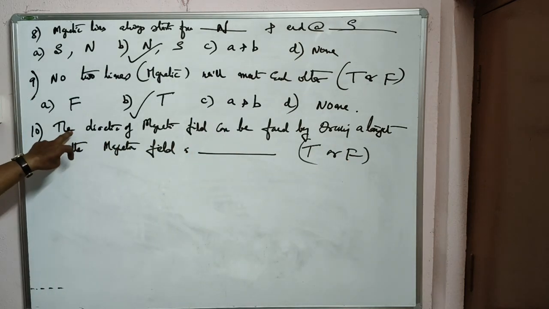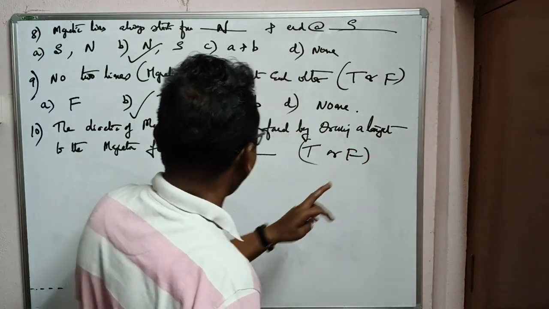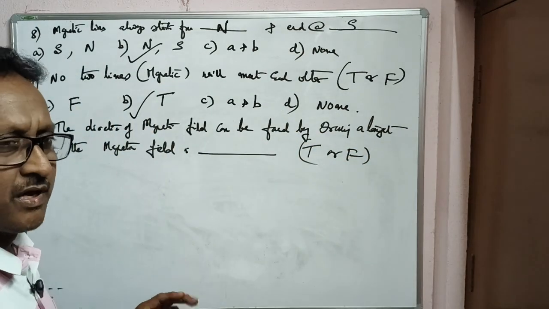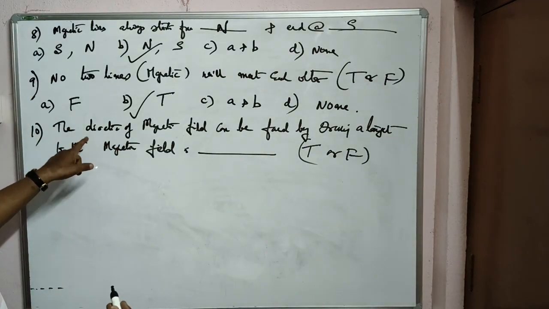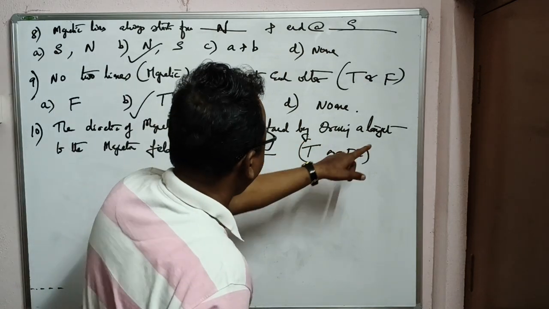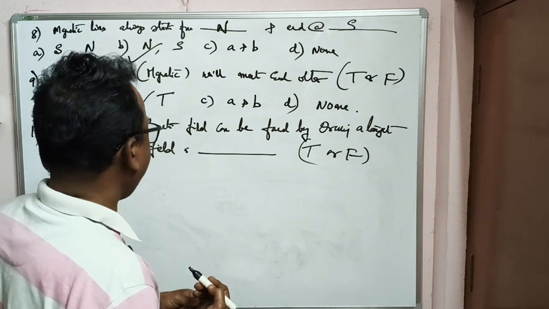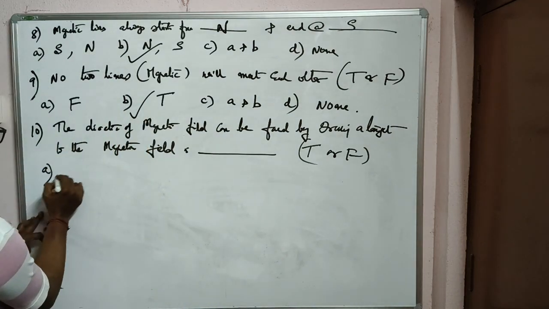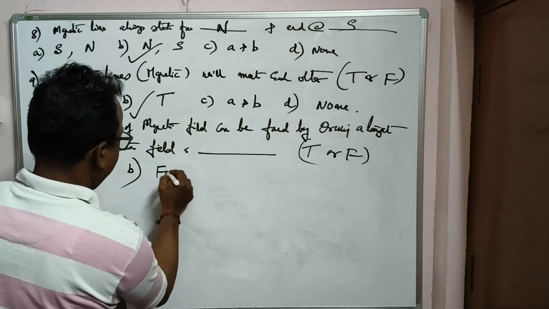The question is, the direction of magnetic field can be found by drawing a tangent. This is also something I told you in the concept. How to find the direction of magnetic field? He is asking you, the direction of magnetic field can be found by drawing a tangent to the magnetic field. Is it true or false? A, true. B, false.